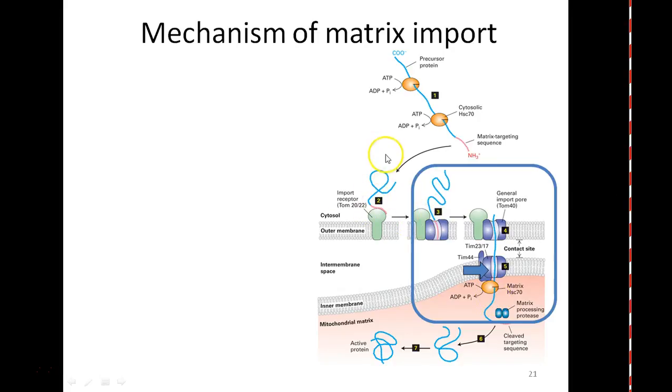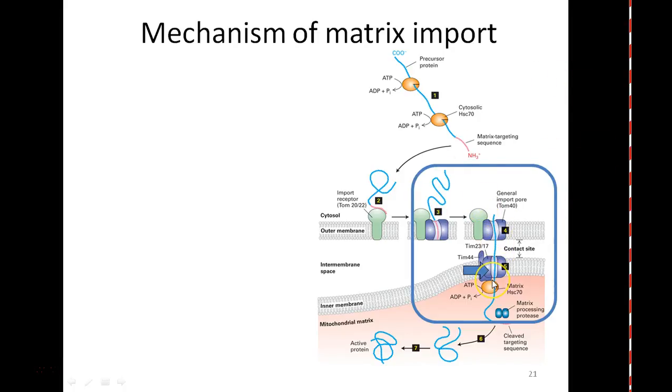Then this peptide is transferred from the receptor to the channel portion of the whole TOM complex. And this signaling sequence goes first, through this channel, and this is the contact site where 2 complexes, TOM and TIM, are aligned in this conformation.